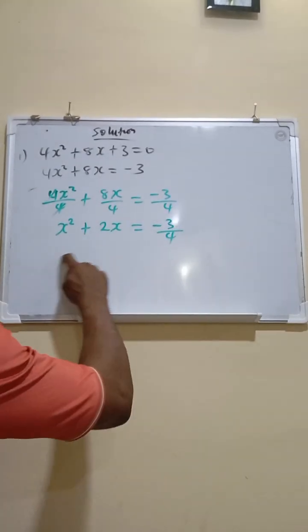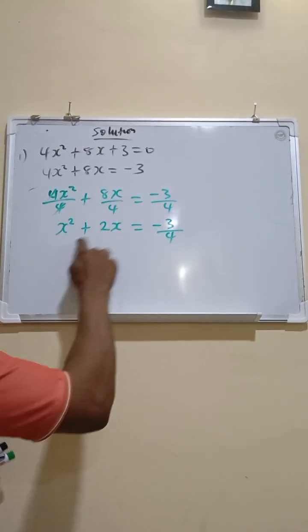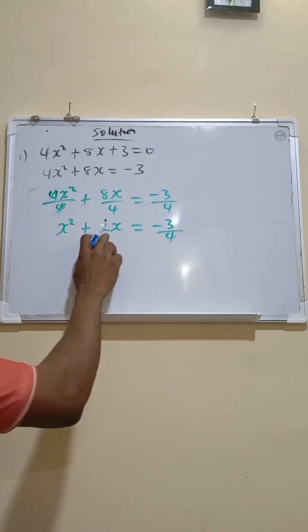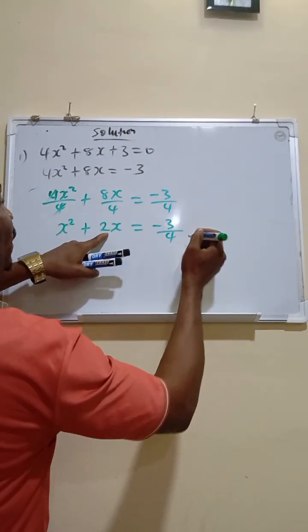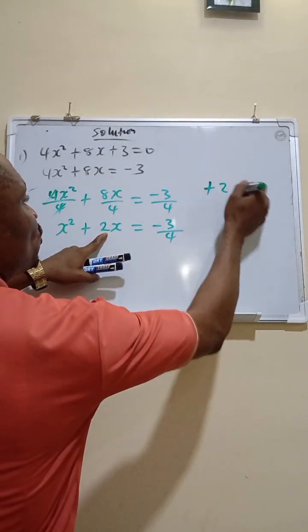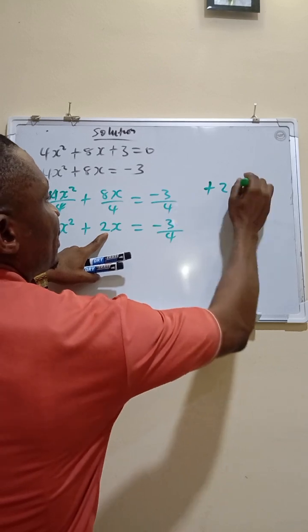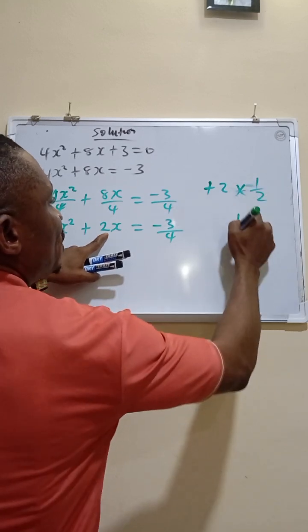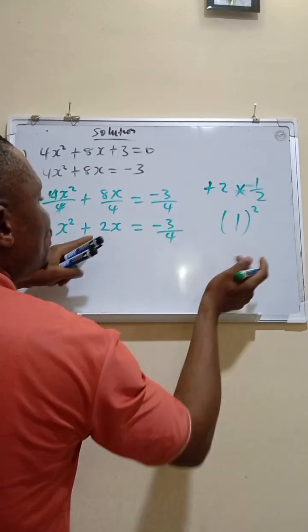Now, after dividing through by 4, this is what you have. Next, take half of the coefficient of x. The coefficient of x here is plus 2. Half of it gives 1. Square it and add it to both sides.